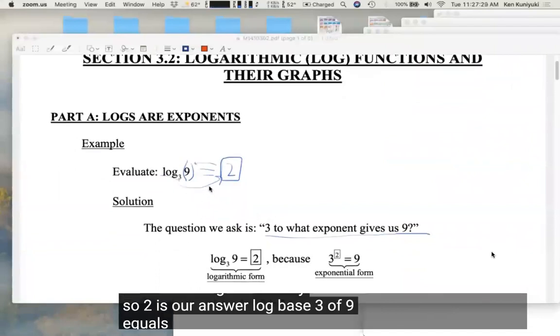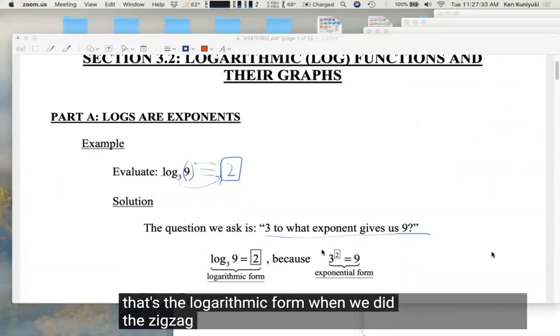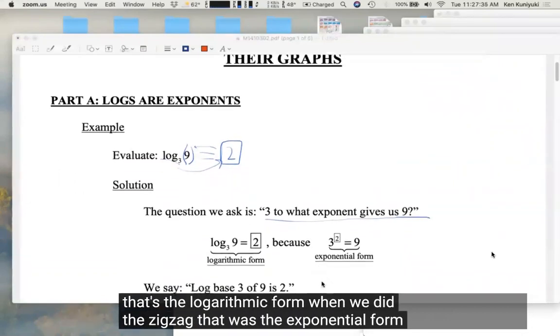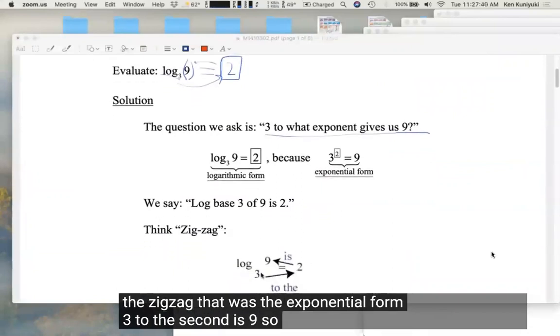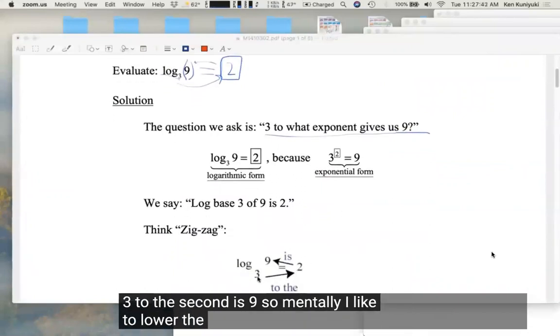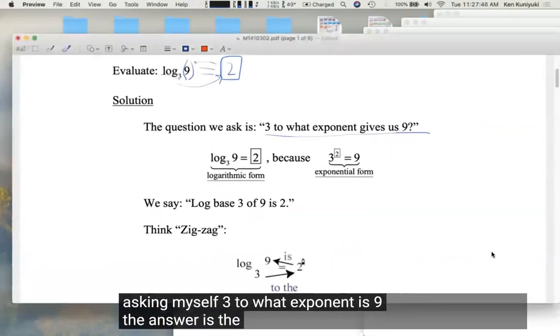Log base 3 of 9 equals 2. That's the logarithmic form. When we did the zigzag, that was the exponential form. 3 to the second is 9. So mentally, I like to lower the 3, raise the 9, and I'm asking myself, 3 to what exponent is 9? The answer is the 2 here.